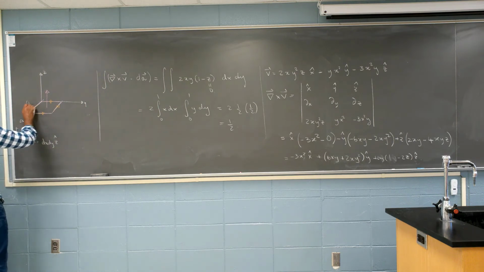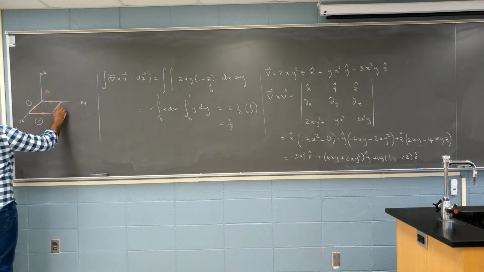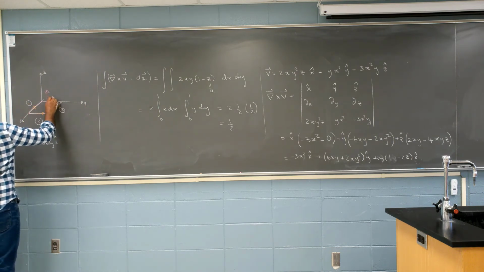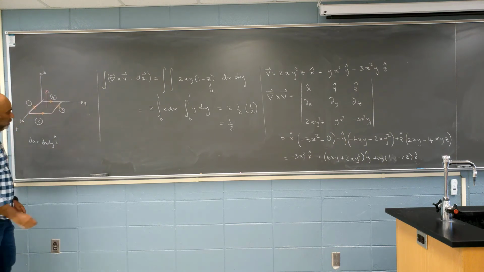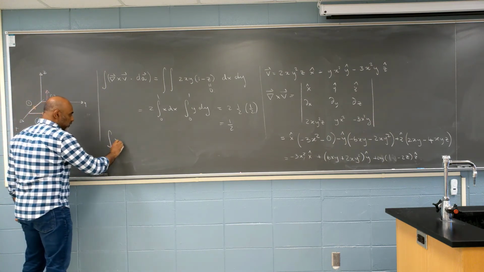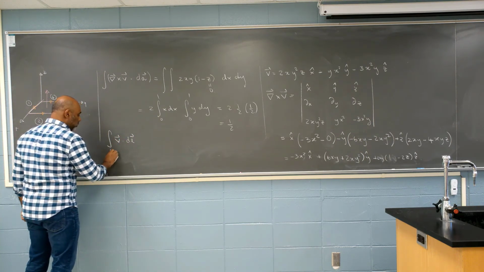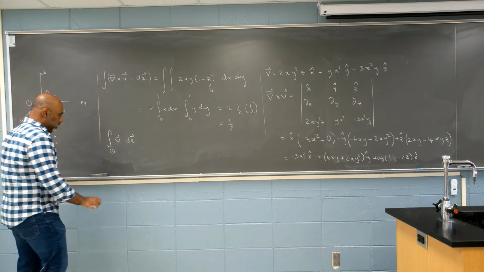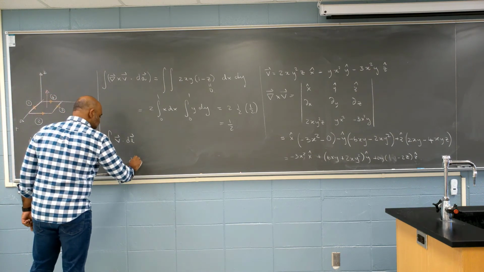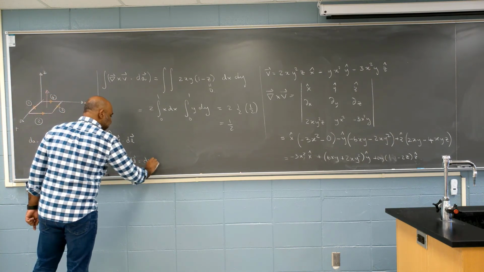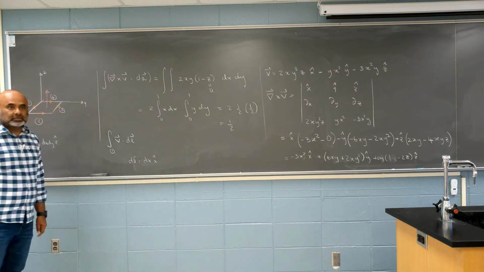Let me call this 1, 2, 3, 4. Let me do V dot dl through path 1. dl clearly is dx x hat.